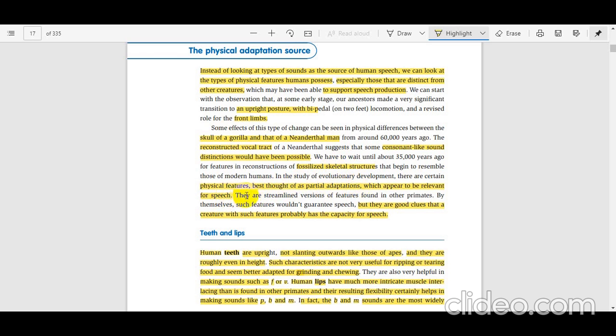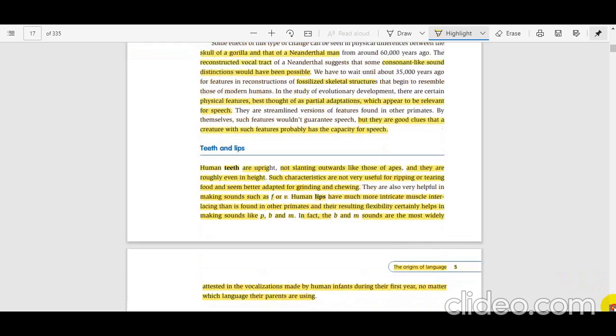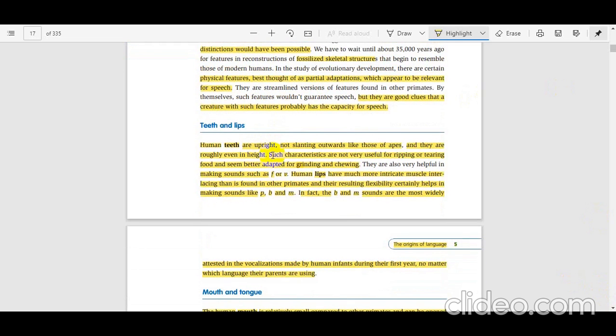Okay? Now, to start with, here we have the teeth and lips. Let's know some of the features of the teeth and lips of humans and how they are different from other creatures. Now, human teeth are upright, not slanting outwards like those of apes, and they are roughly even in height.